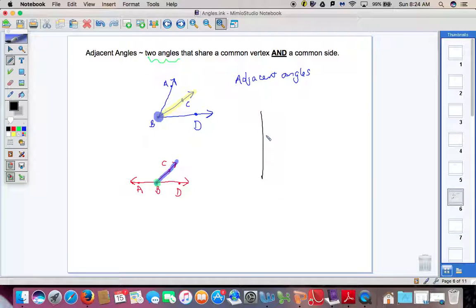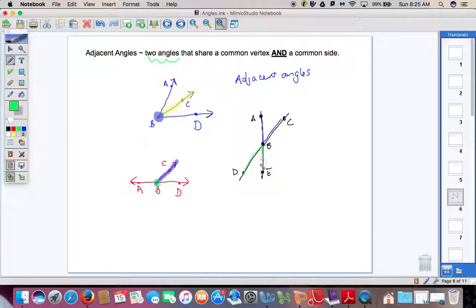What if we had, so this is A, B, C, and we're going to call this D and E. And I want to know what kind of relationship is angle ABC and DBE? Well, I'm looking for this angle here and this angle here.